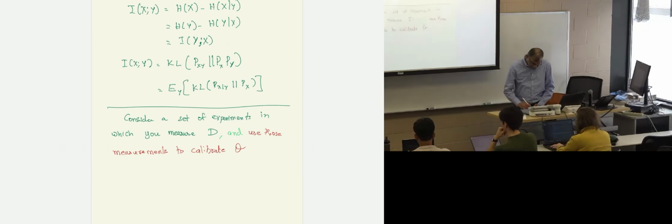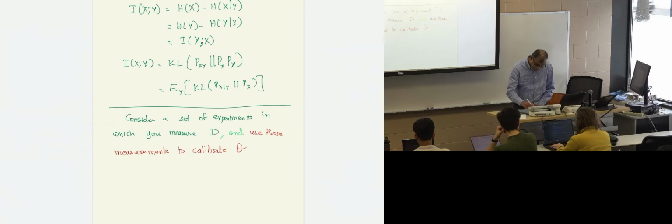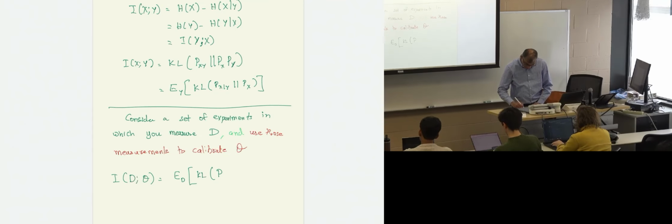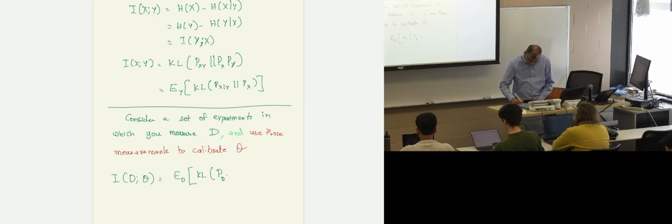So the mutual information between D and theta would be the expectation over D, all of the data you took, of the KL divergence of the probability of the parameter given the data, and the probability of theta.